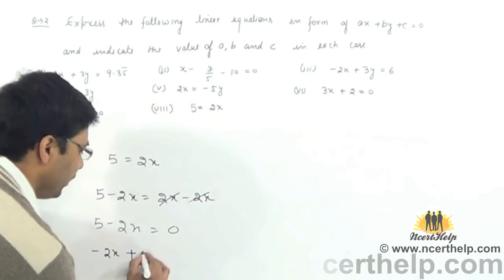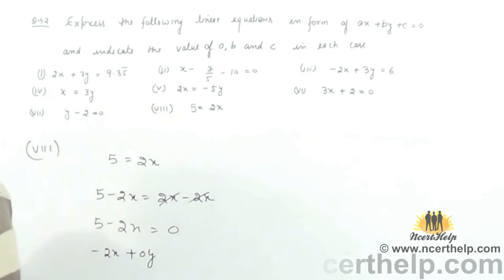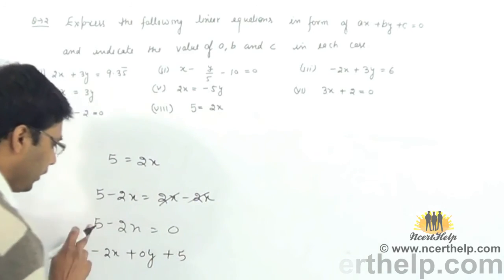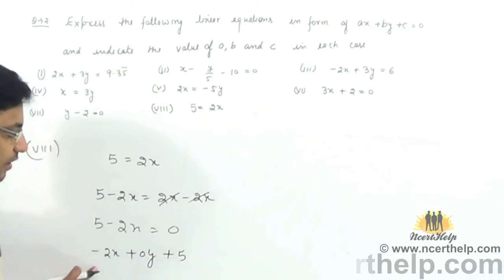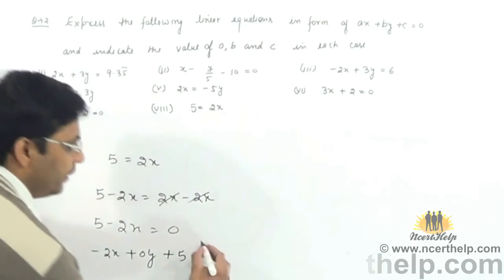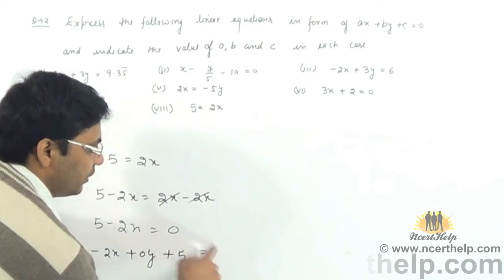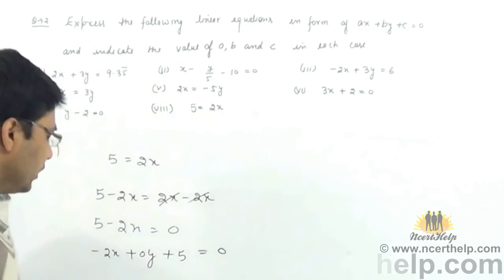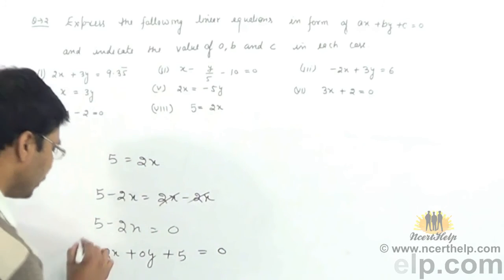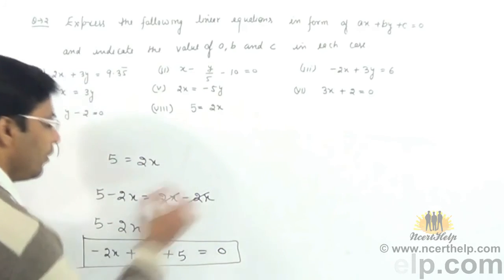And there is no y, so we can write it as 0y plus 5. I have written 5 here, minus 2x here, and there was no y term, so I can write it as 0y. And equal is here, and this 0 comes here. So this is the rearrangement of the values. So this is our answer of the first part.